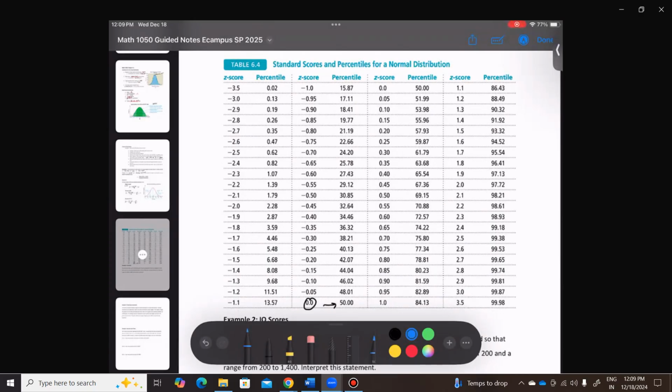A z-score of negative 1 has a percentile of 15.87%. You're only above 15.87% of people. And with a z-score of 1, you're above 84.13% of people. And so that's how it reads.